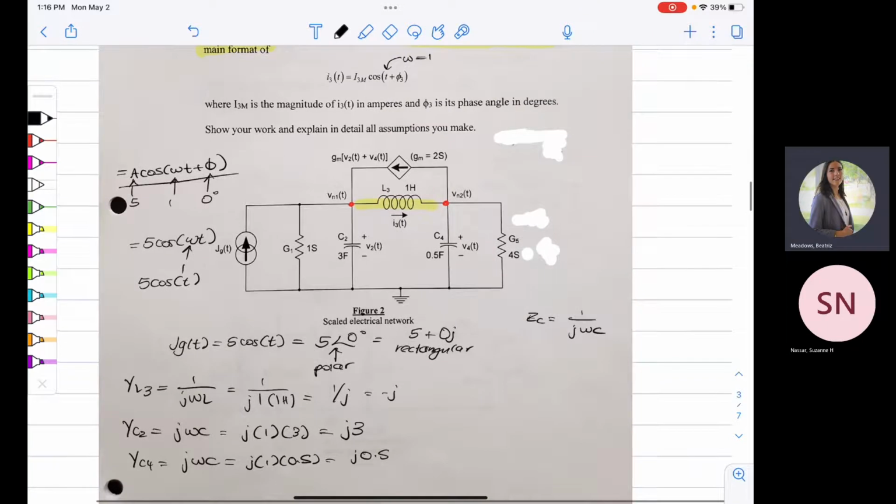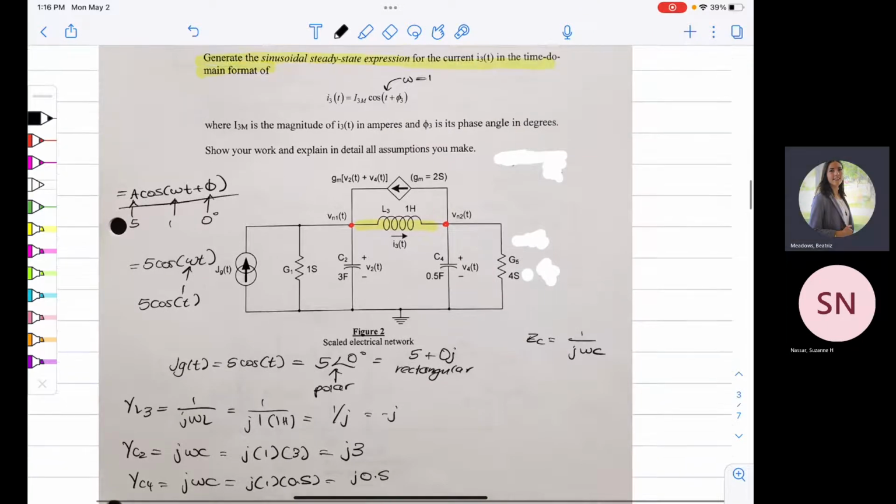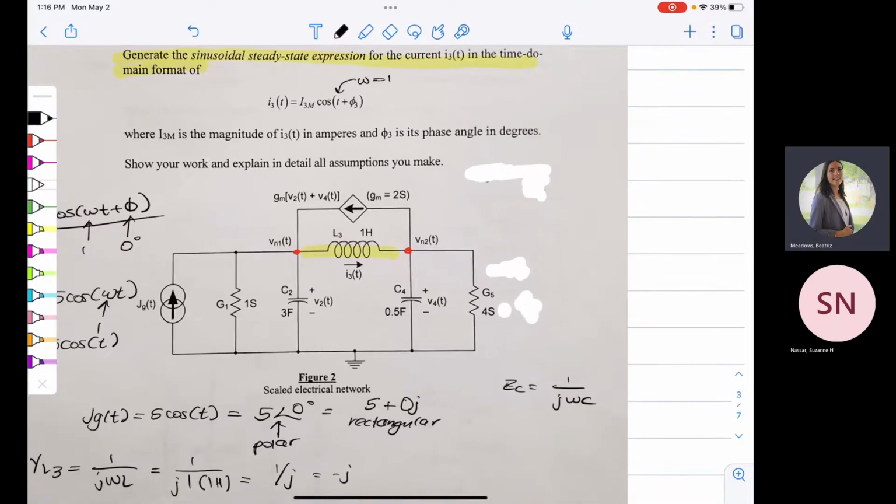And then we have a dependent source here that's dependent on V2 and V4. Can we translate those over to what we need? What is V2?